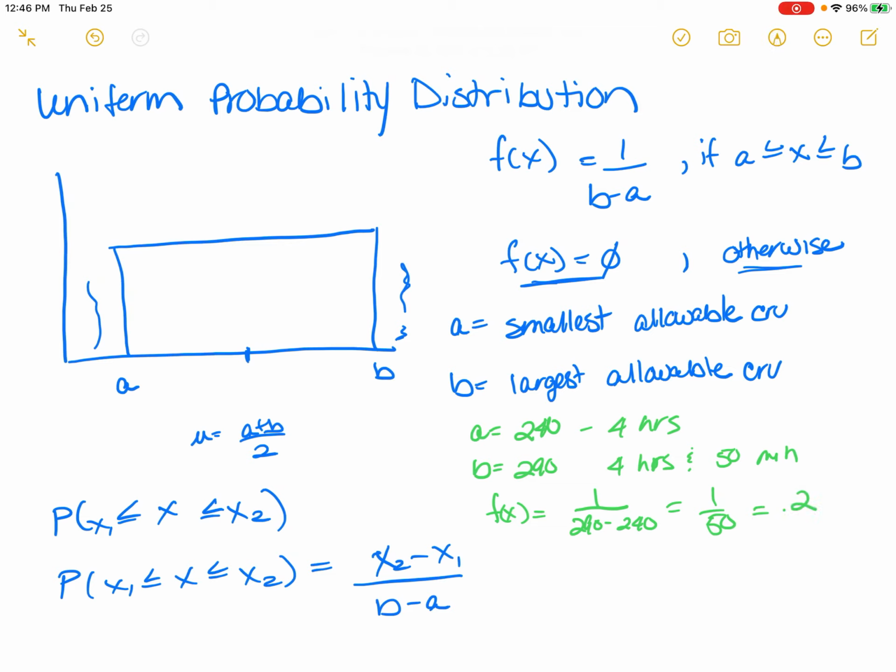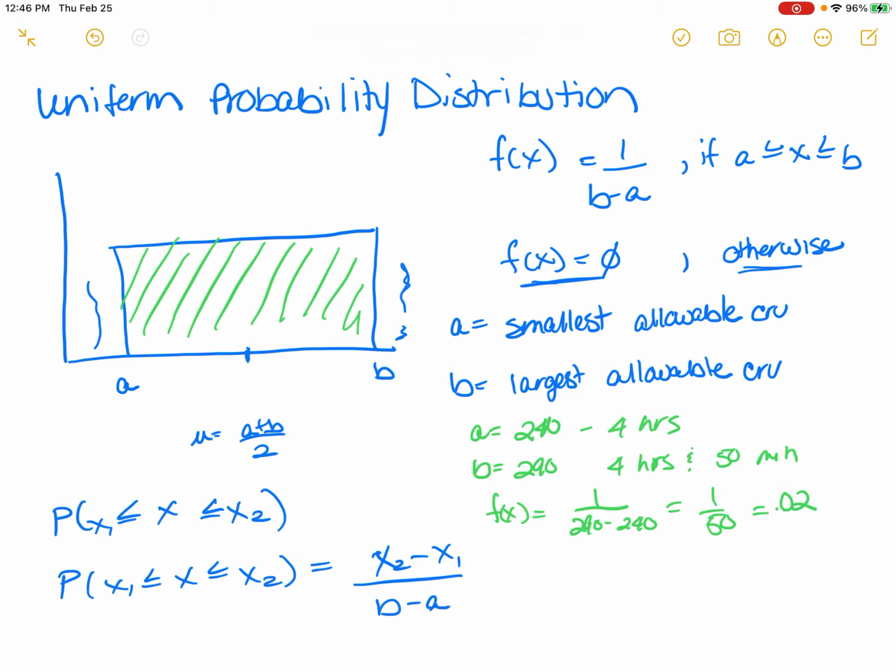And that's 0.02. And that is going to be our probability density function, right? We also know that the area under the curve is always going to be equal to 1.